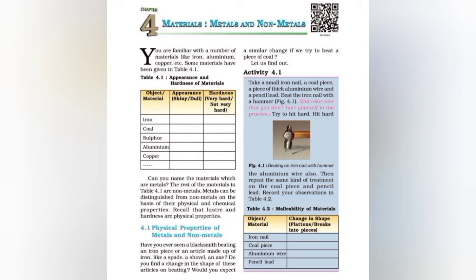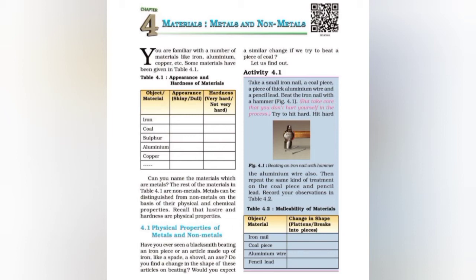If we beat coal, it will break into a powdery mass or small pieces. But when we beat aluminium or iron, their shape will be changed. They will not directly break into small pieces. So this is the different physical property of iron, aluminium and coal.